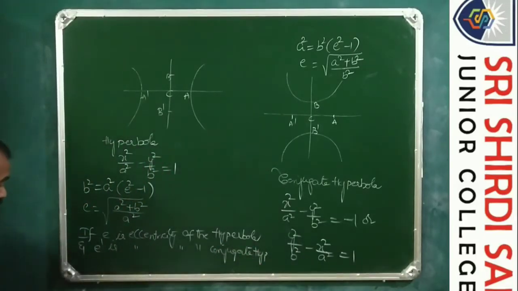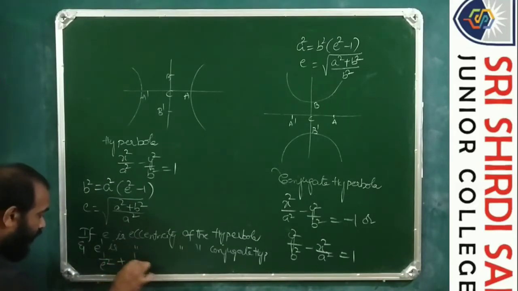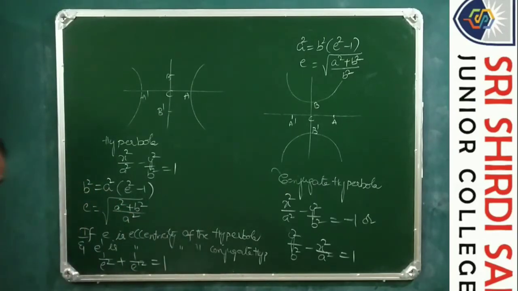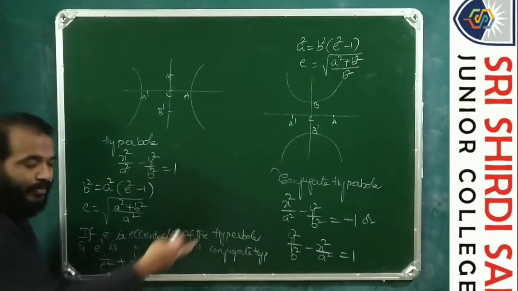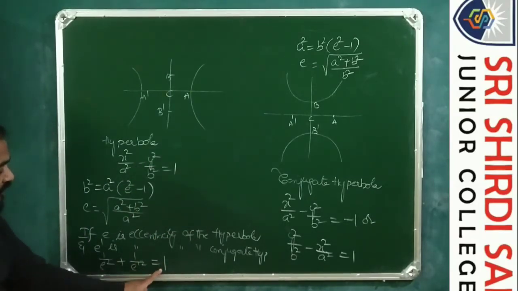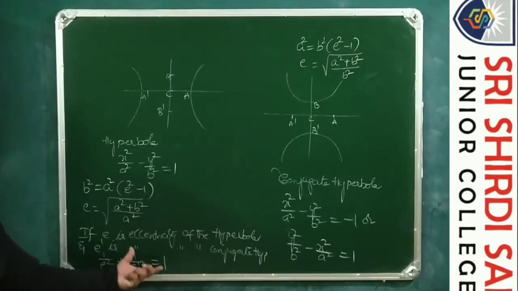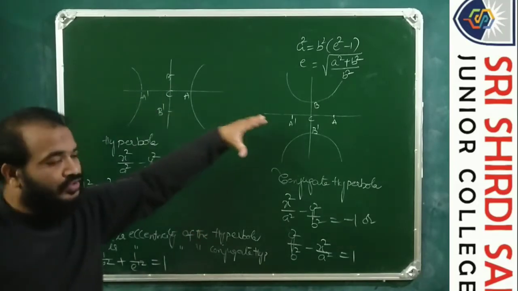Then they are connected by the relation 1 by e square plus 1 by e dash square equals 1. So if the eccentricity of the hyperbola is given and we are asked to find the eccentricity of the conjugate hyperbola, then 1 by e dash square equals 1 minus 1 by e square. From this we can get e dash easily. So this is the conjugate hyperbola.